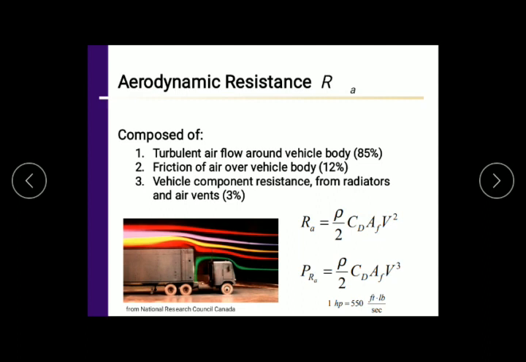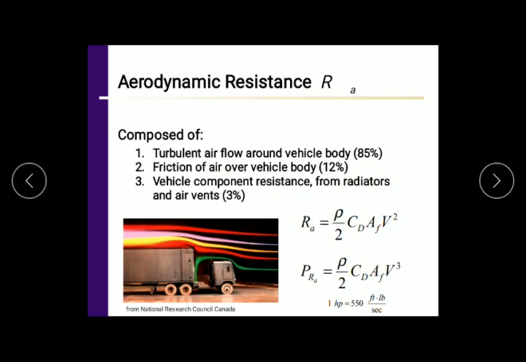The turbulent airflow around the vehicle body contributes 85% of the total air resistance. The friction of the air over the vehicle body contributes 12%. The vertical component resistance from the radiator and air vent contributes 3% of the total aerodynamic resistance.